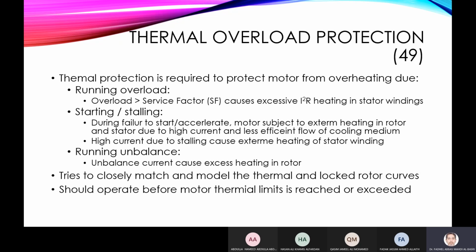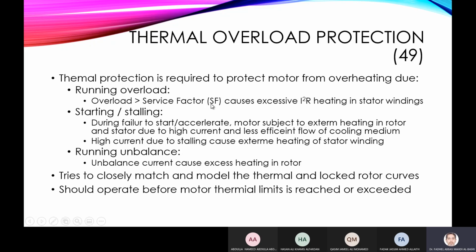So in this case, you don't want to trip the motor when it is still within the designer's limit of overload. So this is a permissible degree of overload.